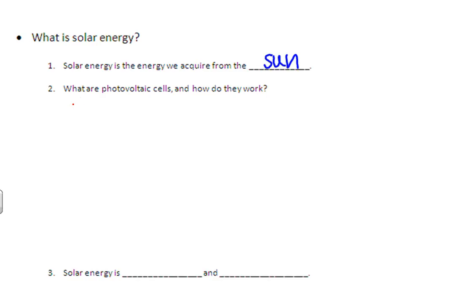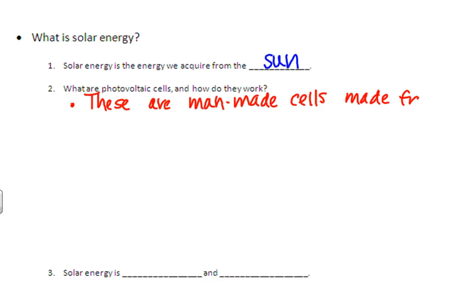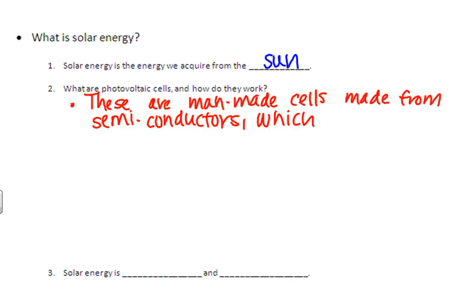Okay, so these are man-made cells. So they make them, we make them ourselves, they're man-made, and they're made from semiconductors, which are materials that are able to absorb the light energy from the sun.